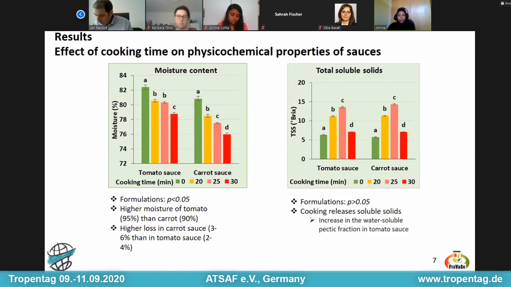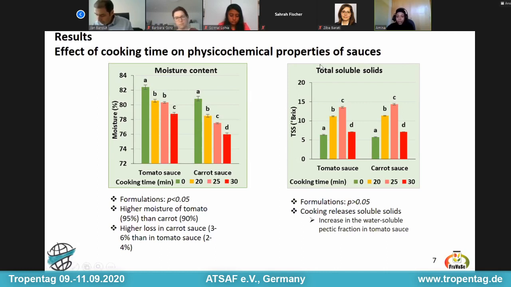And when it comes to total soluble solids, the TSS we measured in degrees Brix, the formulations had no significant effect, and cooking time had no significant effect on formulation. However, the cooking time within the formulation, the effect was significant.